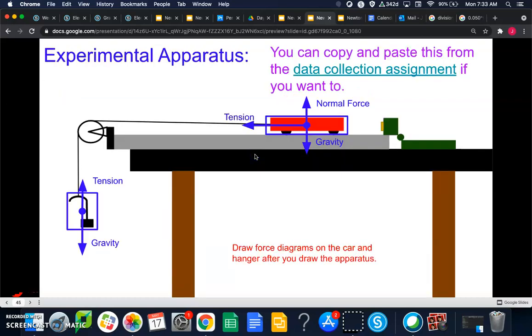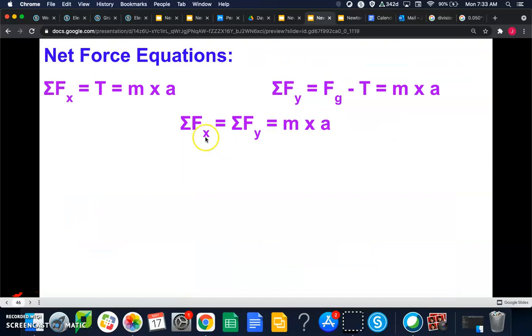Again, that comes as a result of the fact that we know that the two objects, the hanger and the car, are both accelerating at the same rate. We know that they're accelerating at the same rate because the string keeps them the same distance apart the entire time. So really, our net force in the x direction is going to equal our net force in the y direction, and this is going to just be mass times acceleration, or our net force on the system.